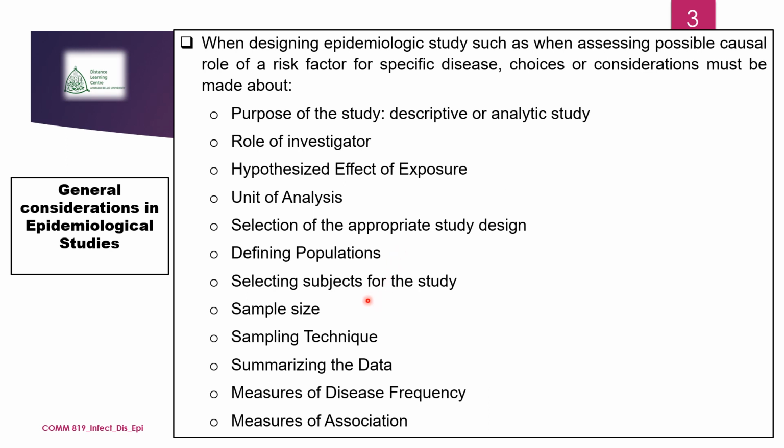Then selecting the subjects for the study. Then your sample size. What sample size is appropriate for an epidemiological study? Then your sampling technique, you need to look at that. How do you intend to collect your samples or data? Then summarizing the data, how do you intend to summarize the data? Then measure of disease frequency.